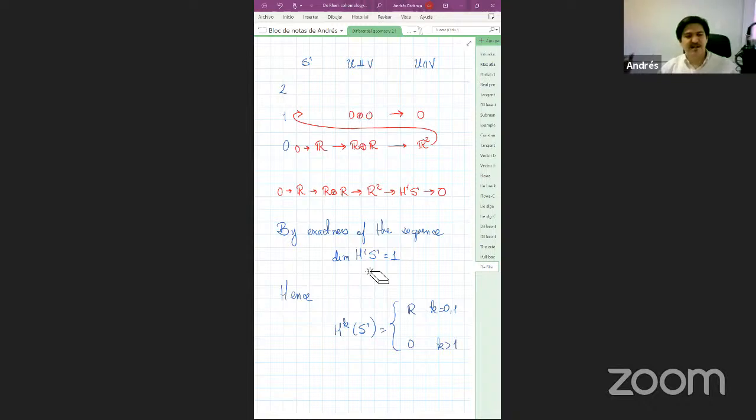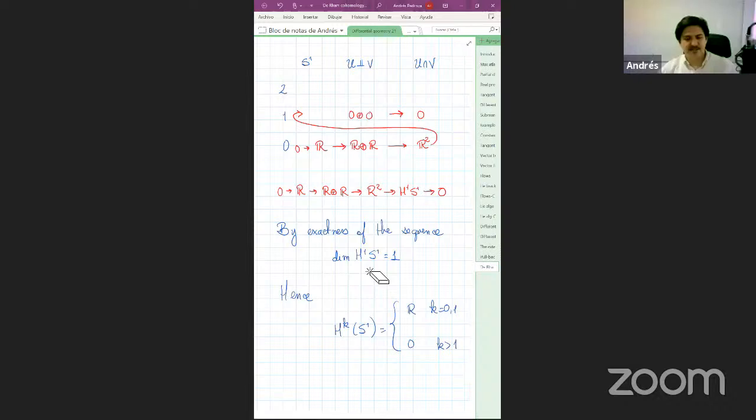Basically, I don't know if you've covered this, but we will, don't worry about it. Deformation retraction, or spaces that are homotopy equivalent. Because those spaces can look very strange, but they might have the cohomology of something very simple.